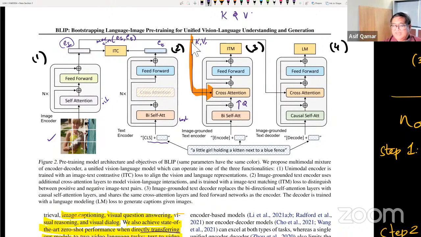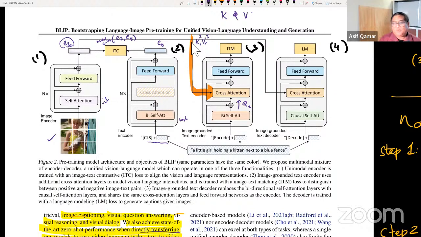So when you do the attention formula, take the key and the value from the image and take the query from this part of the text. That's all. Right? So here, throw away the key value and take the key value from the other.